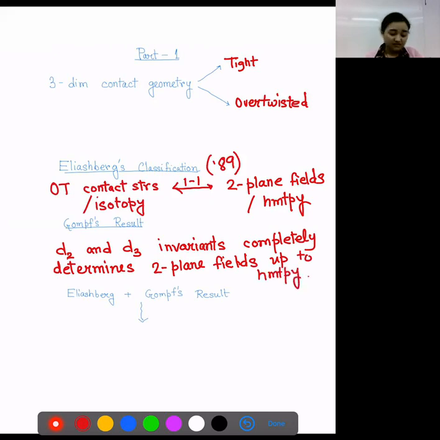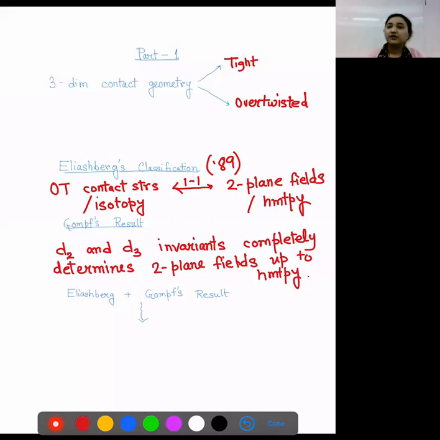Okay, what are d2 and d3? d2 and d3 are obstruction classes. So very vaguely speaking, they measure how the two-plane fields are different on the two-skeleton and the three-skeleton of the manifold. So for example, let us take S3. Now S3 doesn't have any two-skeleton, that's why S3 doesn't have any d2, but d3 determines all the two-plane fields on S3 up to homotopy.